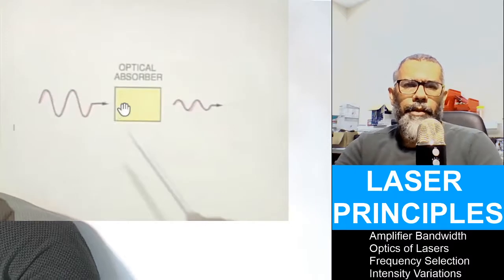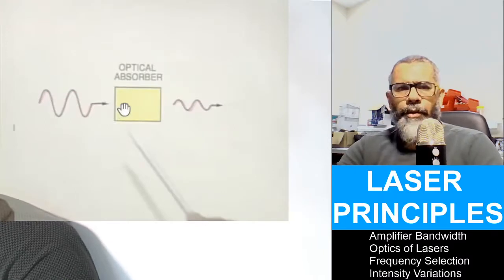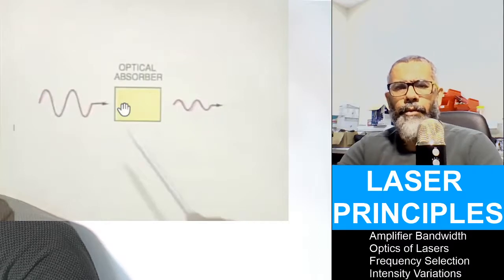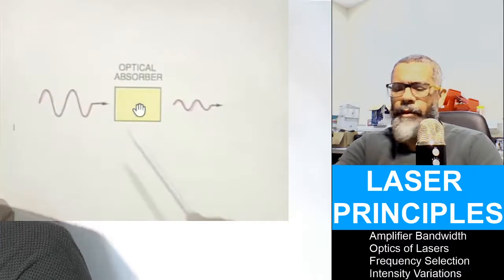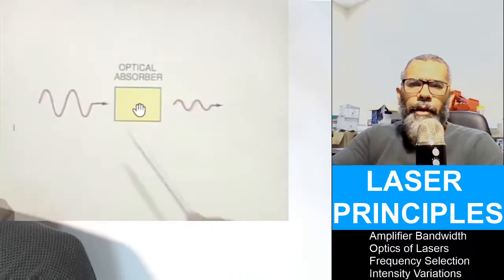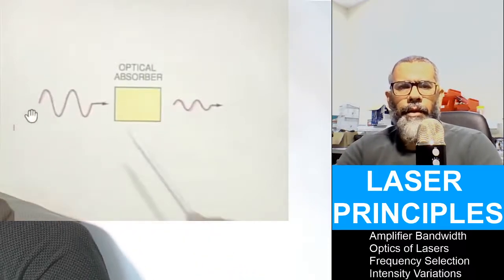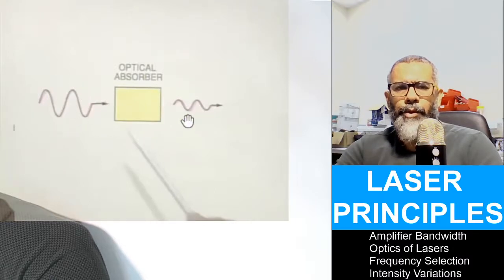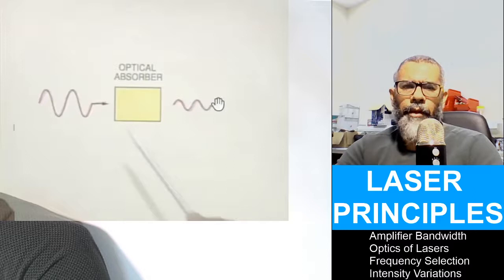Next, as opposed to the amplifier, we also have absorbers. You can think of the optical absorber as a box, and what it does is take the input light at this amplitude and reduce the amplitude. That means it takes away some energy from the input light, keeps it, and leaves the rest as output light.